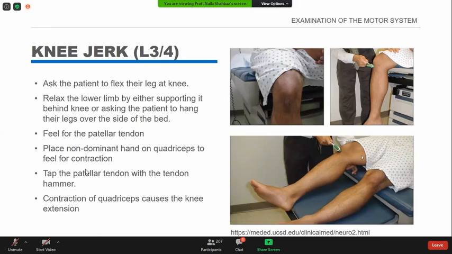But you can place your hand on the quadriceps muscles to feel for the contraction. Contraction of the quadriceps causes the knee to extend. So you must be standing on the side, otherwise the patient may hit you, depending on the response.